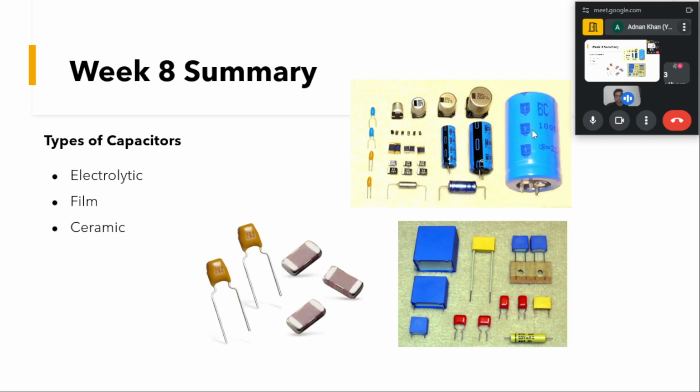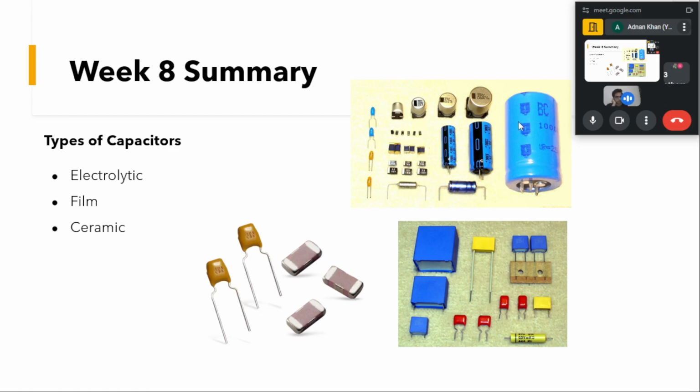If you can see, there are some pictures here. The top picture shows the electrolytic capacitor. You can see different electrolytic capacitors. As I told you, these are polar capacitors, and you have to take precautions with the terminals.